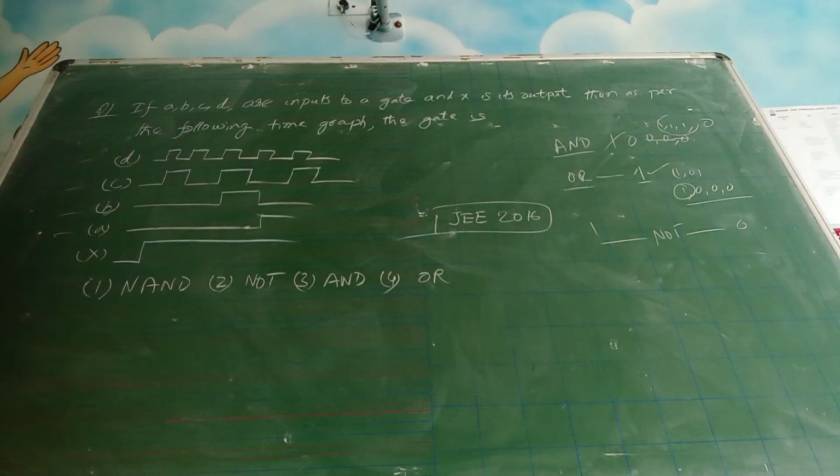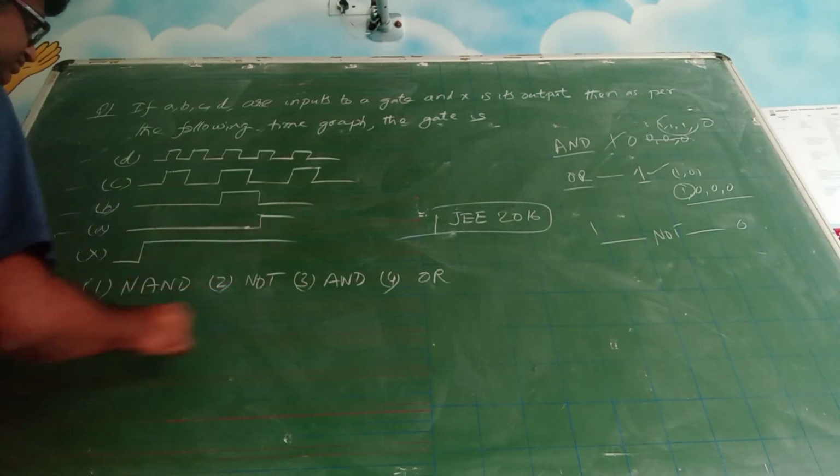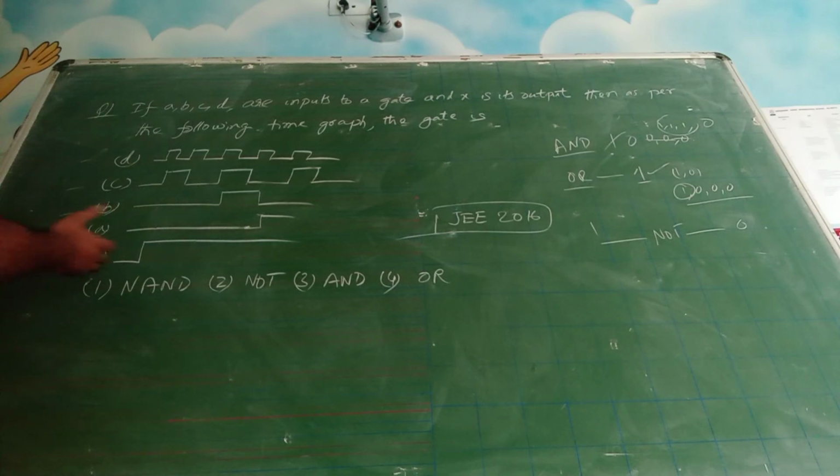Now look at these gates. Look at this X output. So you have all ones and 1 0 is there. If at least one of these inputs is 1, you can expect 1 as the output.